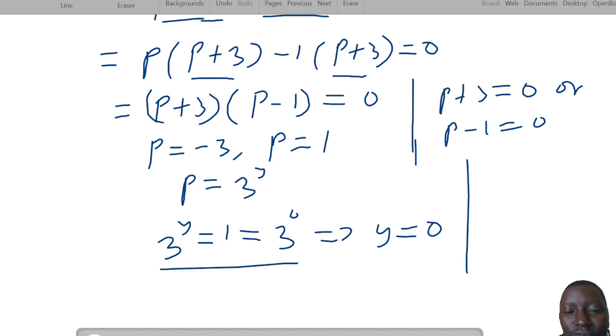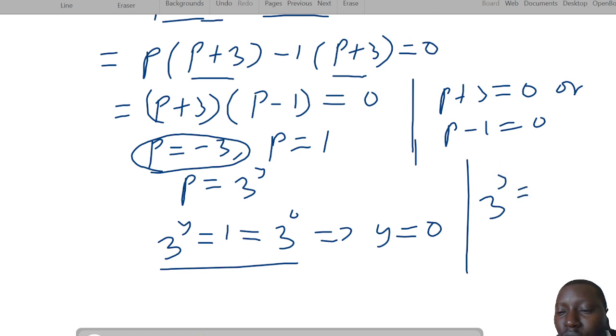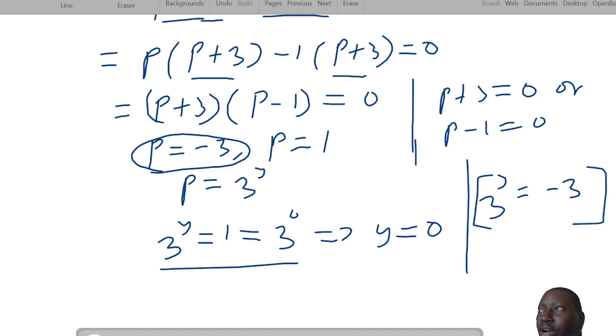Then what of when p is negative 3? So when p is negative 3, then perhaps we say that 3 to the power of y is equal to negative 3. And one of the ways of solving this is by introduction of logs.